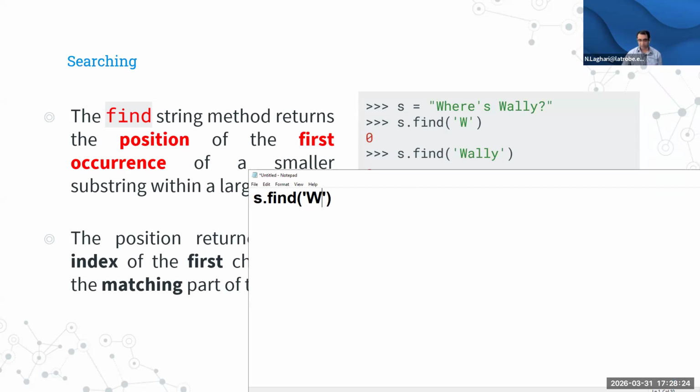So you say W and it returns 0. Okay. And we say n is this, so n would be 0.